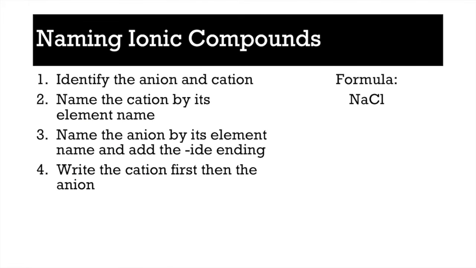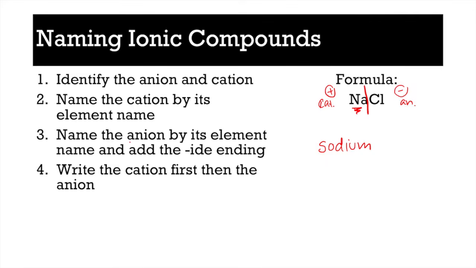Okay, so naming ionic compounds is a lot simpler. So what you have to do is identify the anion and the cation. So you have your positive sodium and your negative chlorine. Remember, this is your cation, this is your anion. We're going to name the cation by its element name. So Na is sodium.